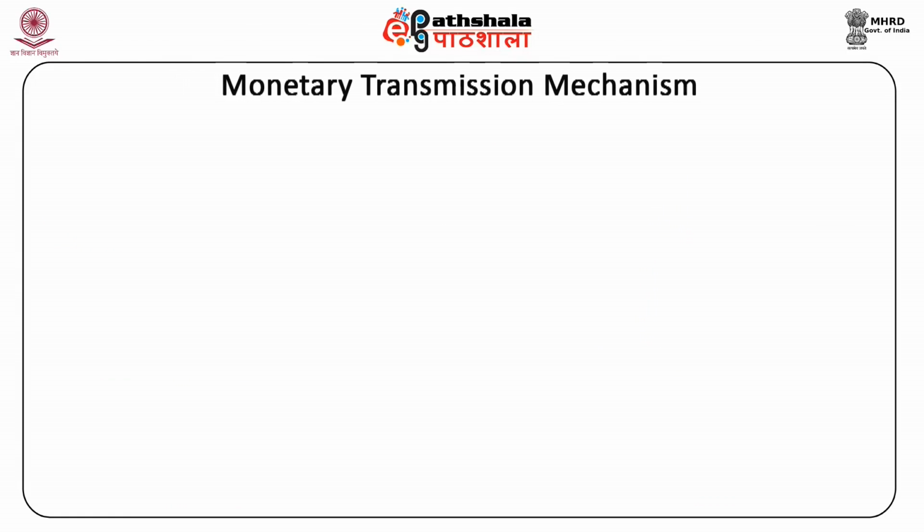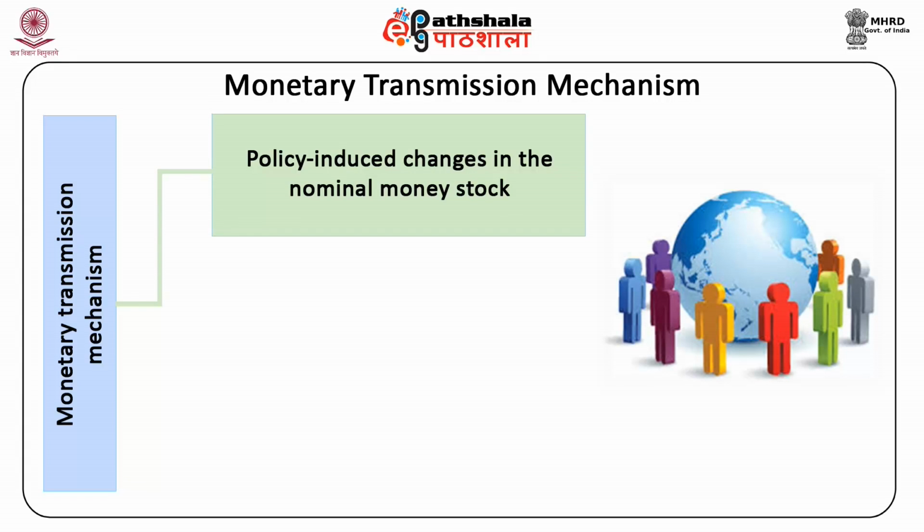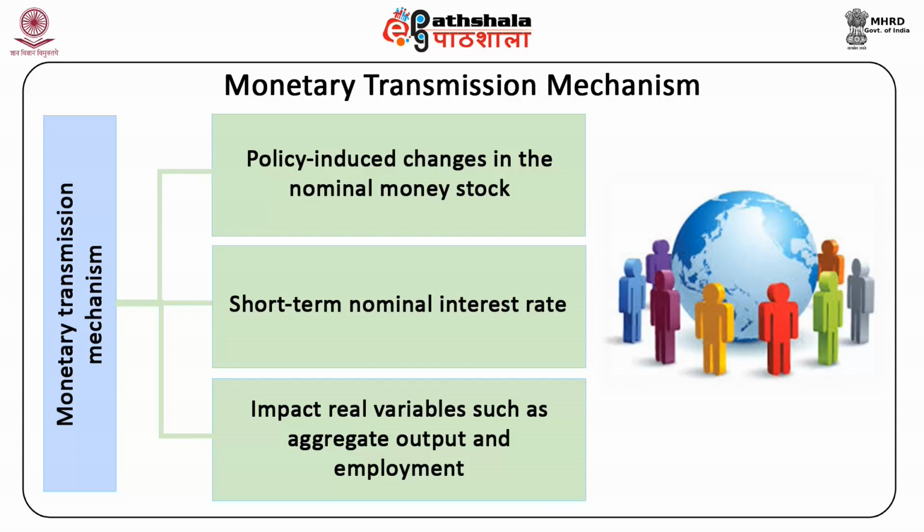Coming on to the concept of monetary transmission mechanism. The monetary transmission mechanism describes the process by which policy-induced changes in the nominal money stock or the short-term nominal interest rate impact real variables such as aggregate output and employment.